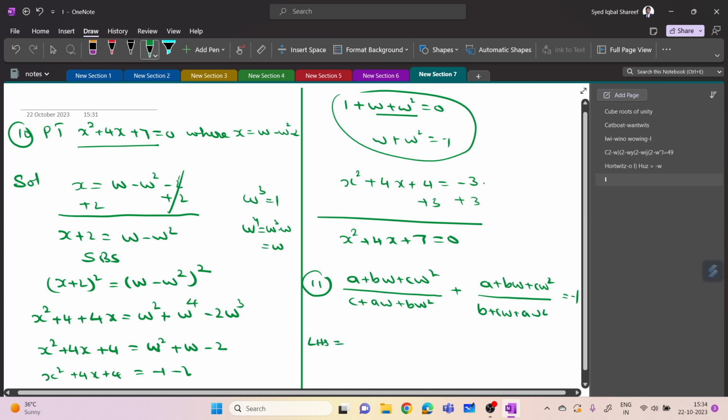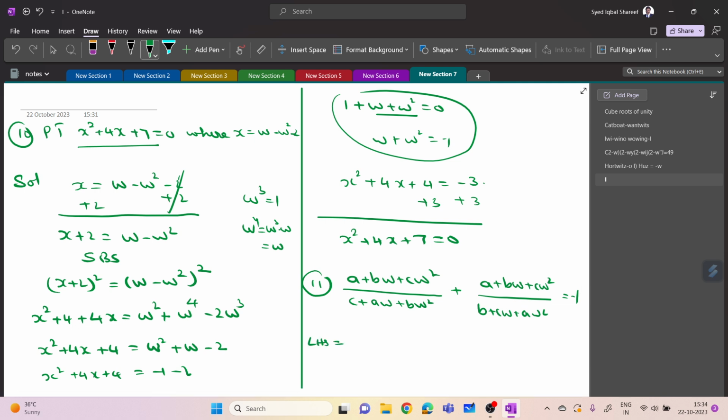So our left hand side is this one. What I am doing is a into 1 plus b omega, and c omega square as it is, divided by a omega plus b omega square as it is, not doing anything to the denominator.